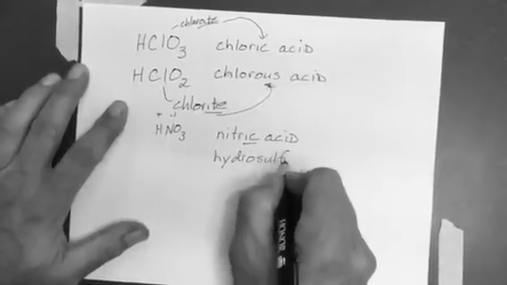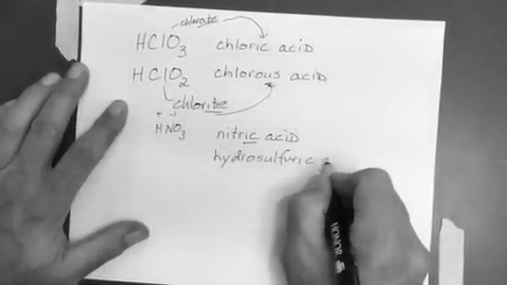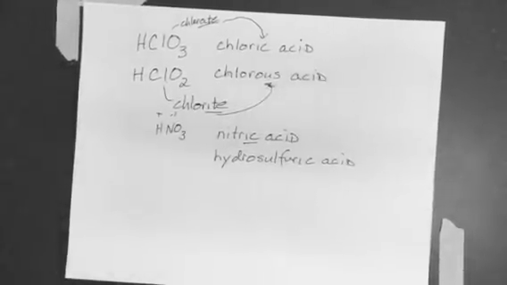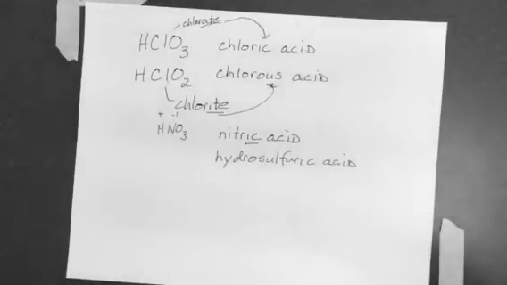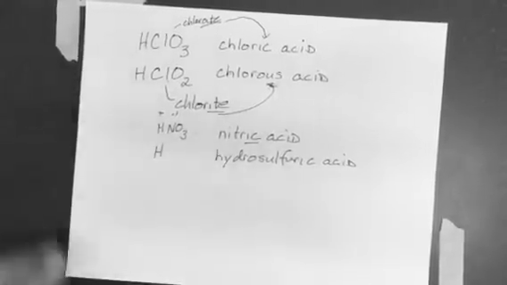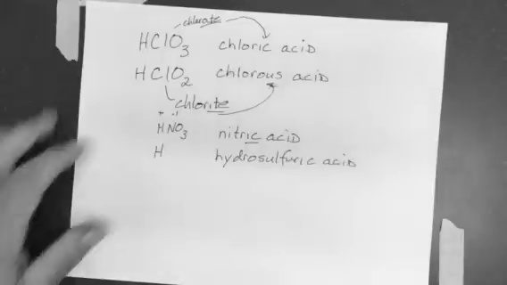One last one as an example. Hydrosulfuric acid. Now here's your logic that should be going through your head. Hydro tells you that's only two elements. We know it's an acid because of the word there. You know one of the elements has to be H in order for it to be an acid. So what's the other element have to be? Well, it's got to be sulfur.